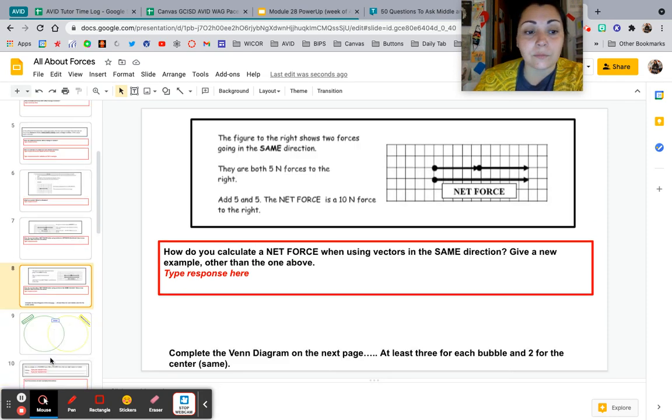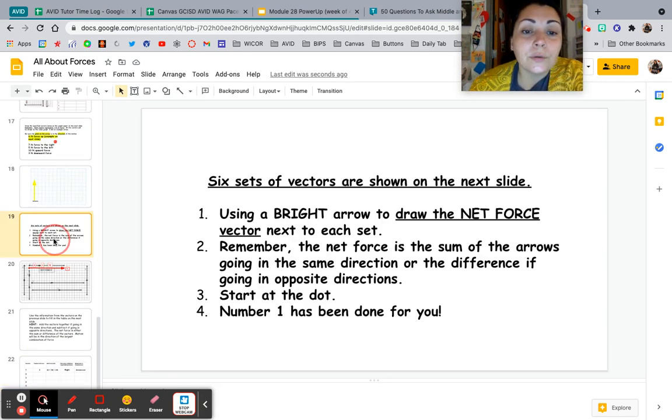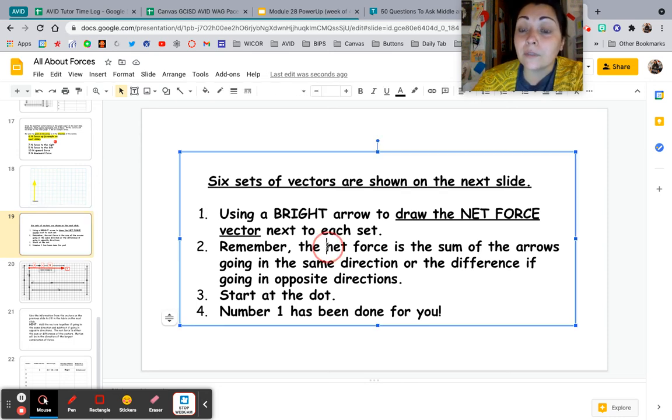So you are going to use a bright arrow to draw the net force next to the vector. Remember, the net force is the sum of the arrows in the same direction, or the difference of the arrows in the opposite direction. And then you're going to start at the dot.